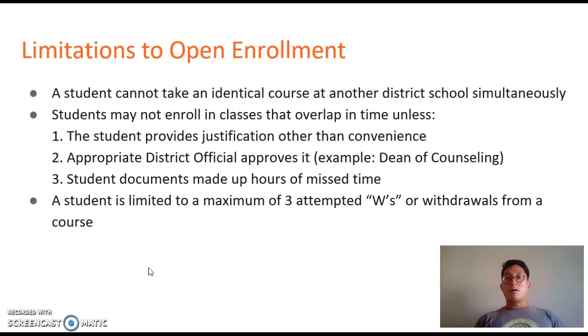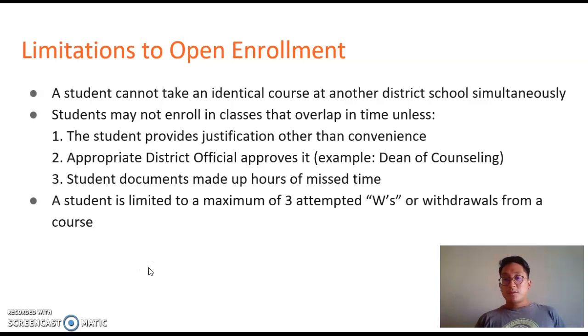Students also may not enroll in classes that overlap. If there are exceptions made, those have to be done with approval. So there is a form that must be signed by each instructor and submitted to admissions and records to show that.